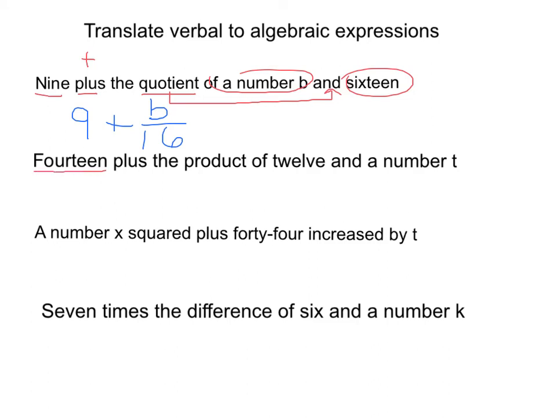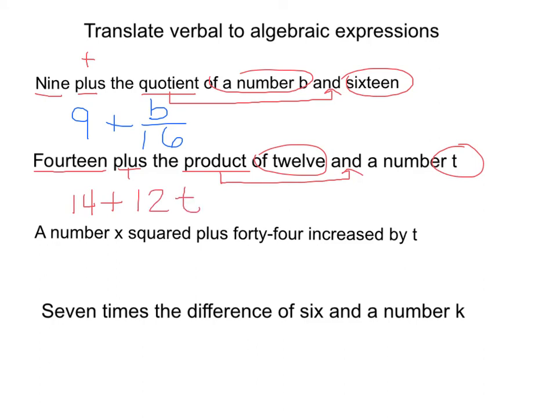I have a number plus, there's where my plus is going to go, the product, and I'm going to look for the and, the product of 12 and a number t. So these are the 2 things that are getting multiplied, the 12 and the t. So if I were going to write this in an expression that was algebraic, I would write 14 plus 12t.